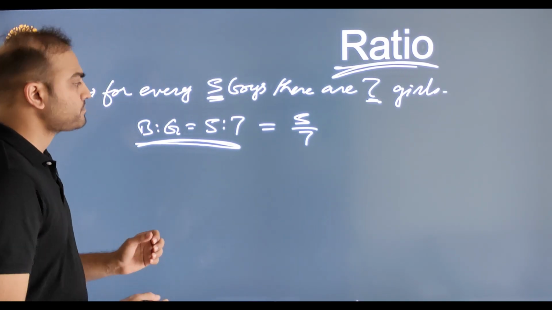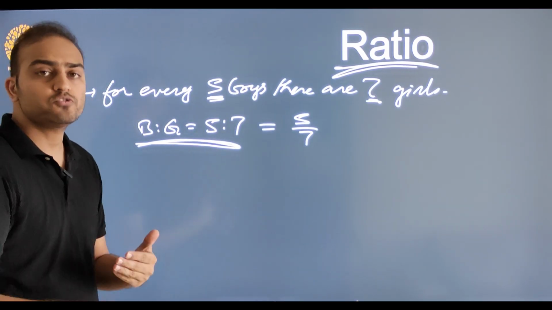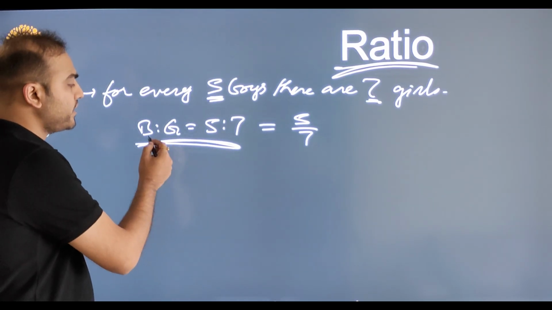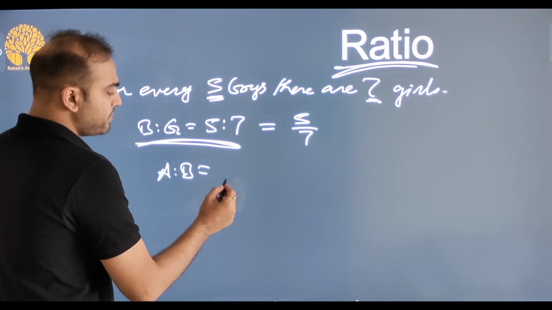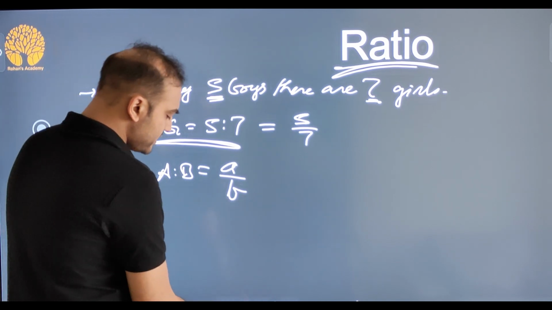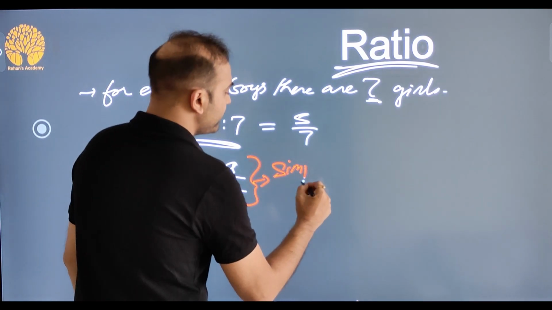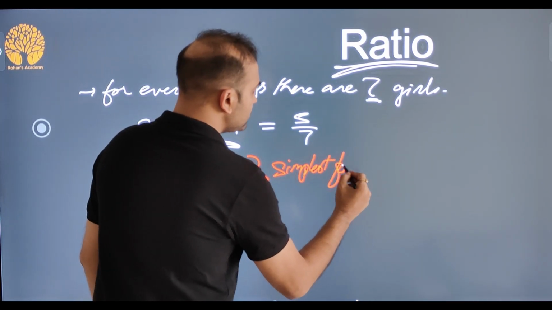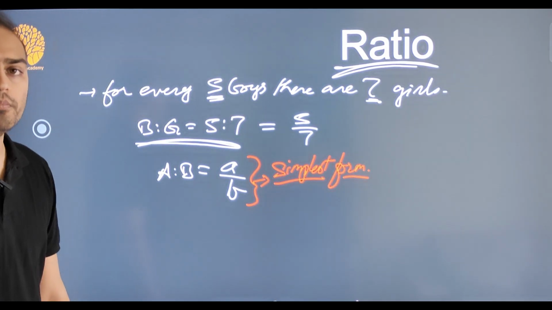Whenever there are two numbers or two things to be compared, we simply write the ratio as A is to B, which simply means A divided by B. And this is always written in simplest form. Now what do I mean by simplest form?